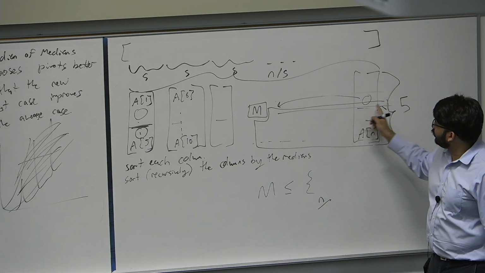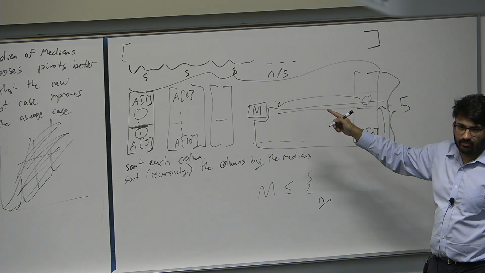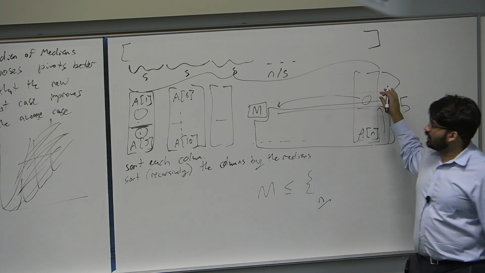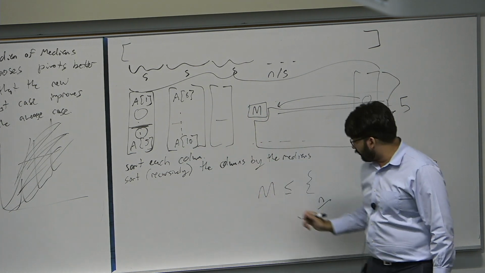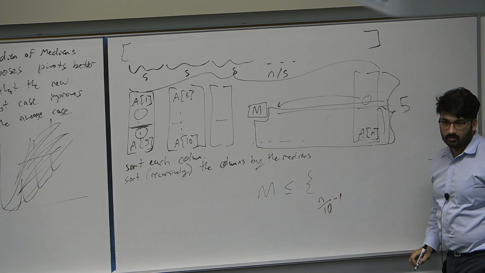Let's just measure what's the length of this thing? It's going to be n over 5 over 2, because the full length is n over 5. So it's n over 10 minus a single element for that middle one.